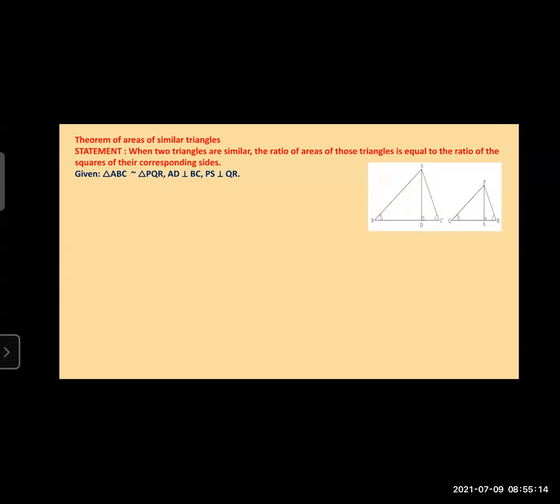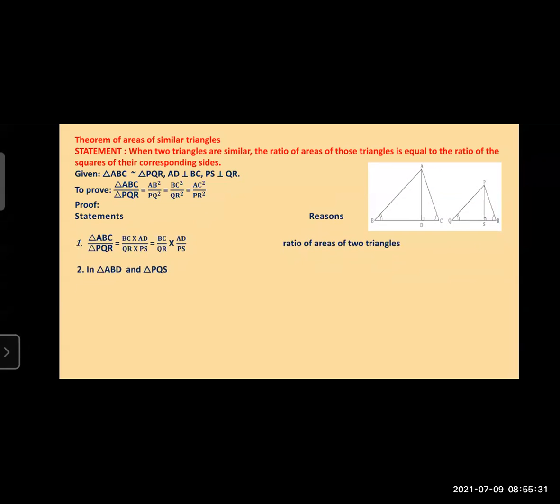Okay, students, this statement and theorem is very important for 3 or 4 marks. So remember this. If in your examination this statement is given, when two triangles are similar, the ratio of the areas of those triangles is equal to the ratio of the squares of their corresponding sides.